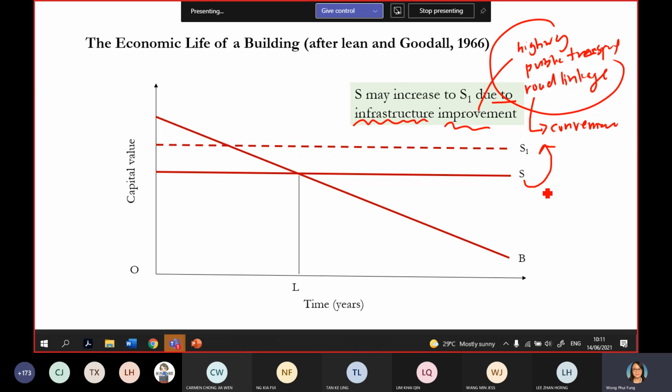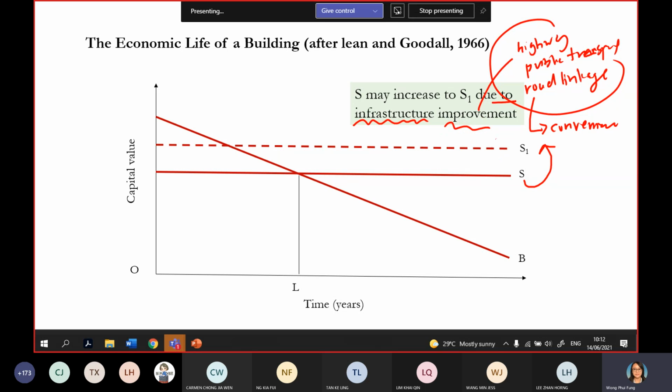So you can access the city center better by taking the MRT, the LRT, or even the road highway becomes better. With a major highway, maybe in 30 minutes you can reach KL, as compared to many years ago. So that is the meaning of site value increasing when there is infrastructure improvement.